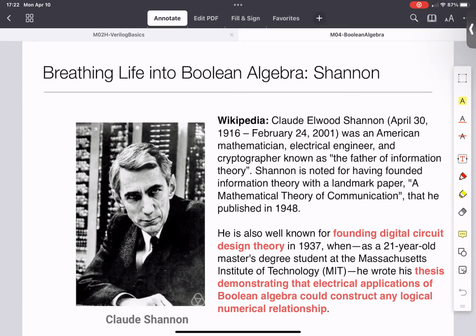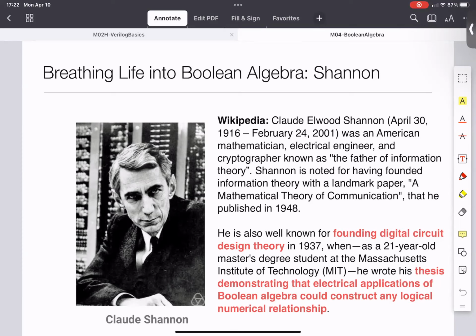His master's thesis basically showed that by applying Boolean algebra to electrical relays, you can create logic circuits. Okay, remember this was pre-transistors, so there were no transistors. At that time, we used relays and valves to create circuits.